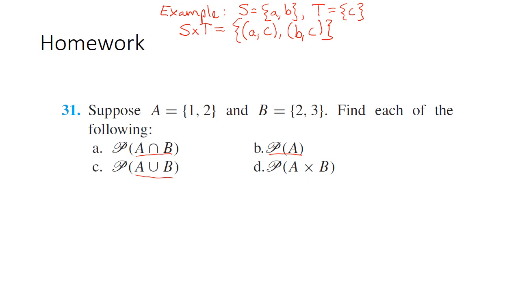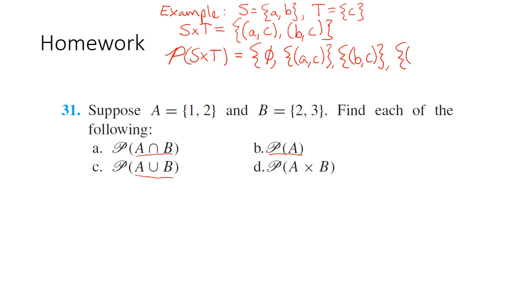It's just two elements, so the way the power set is going to work is exactly the same as in the last slide, where I also had a set with two elements. So the power set of S cross T: I can either have the empty set, or I can have a subset of one element, or I can have a subset with the other single element, or I can have a subset with both elements.